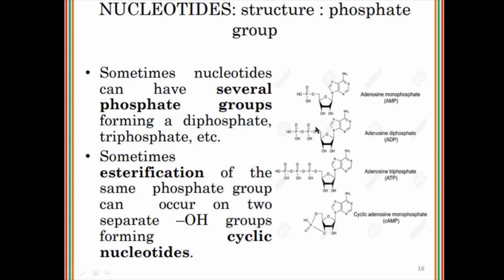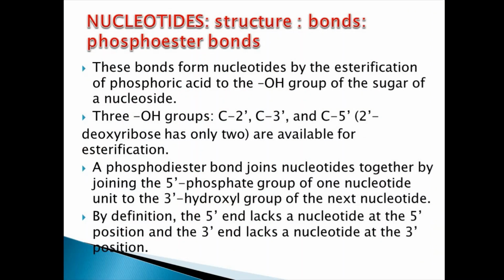When there is a bond, these two nucleotides are joined together in a bond we call a phosphodiester bond. So nucleotides bond together to form a chain known as a nucleic acid through a bond called a phosphodiester bond.